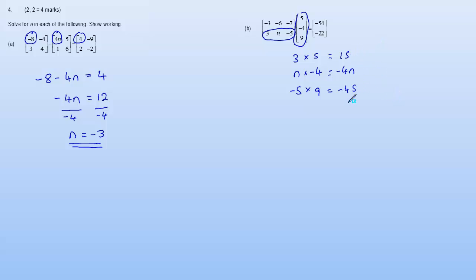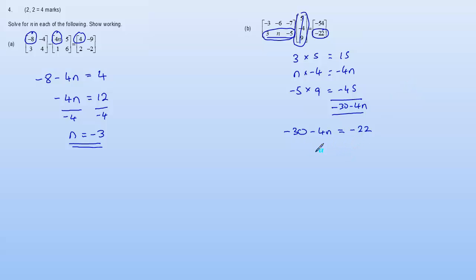So if we add these together, the 15 take away 45 gives me -30, and then I've got -4n. So -30 minus 4n must be equal to the bottom times the column would give me this bottom number here, so that's equal to -22.